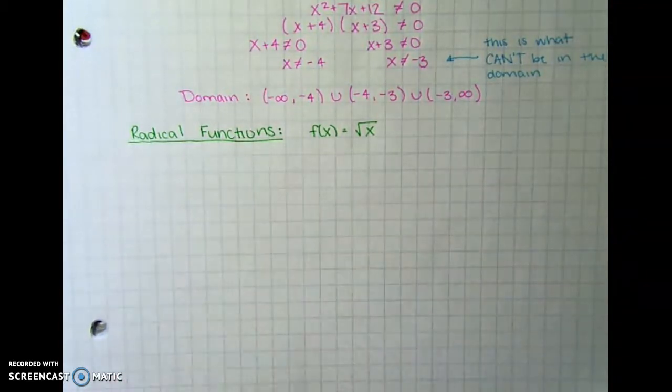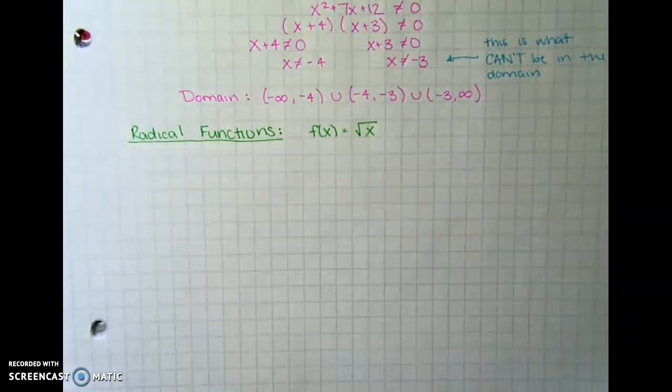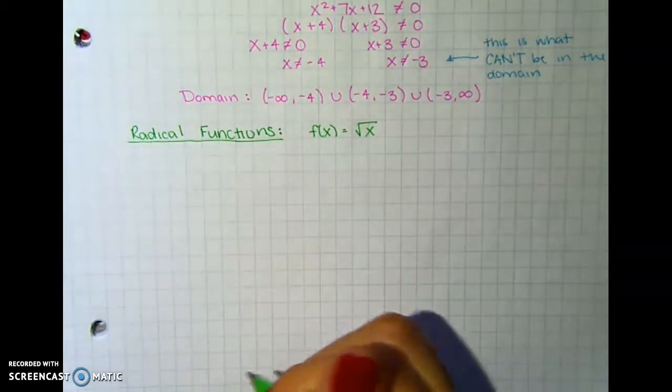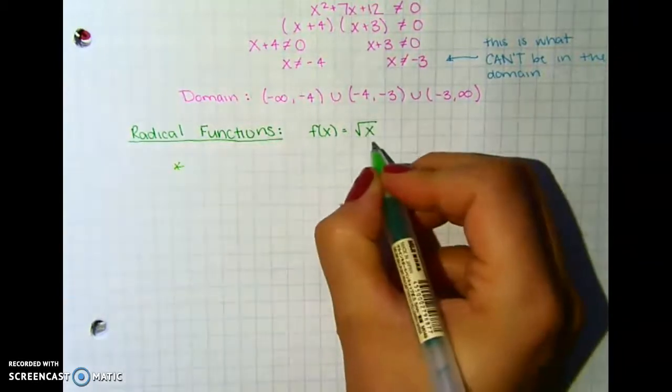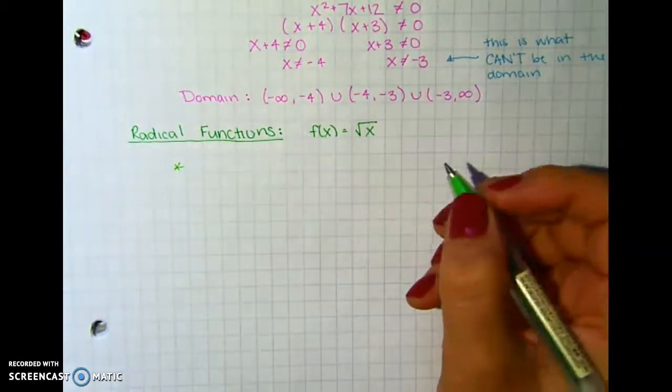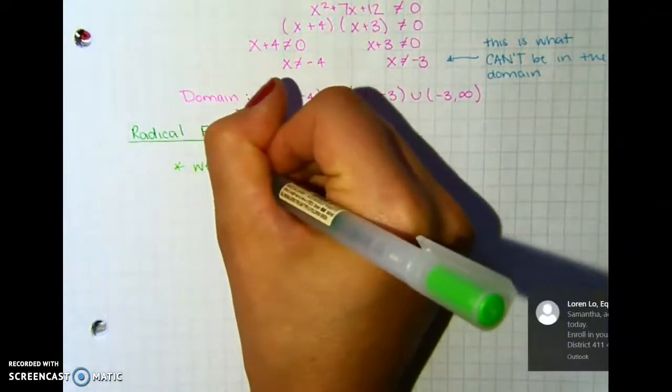So we need to avoid imaginary numbers to graph on a real number line. Right? This can't be negative or else we have an imaginary number.